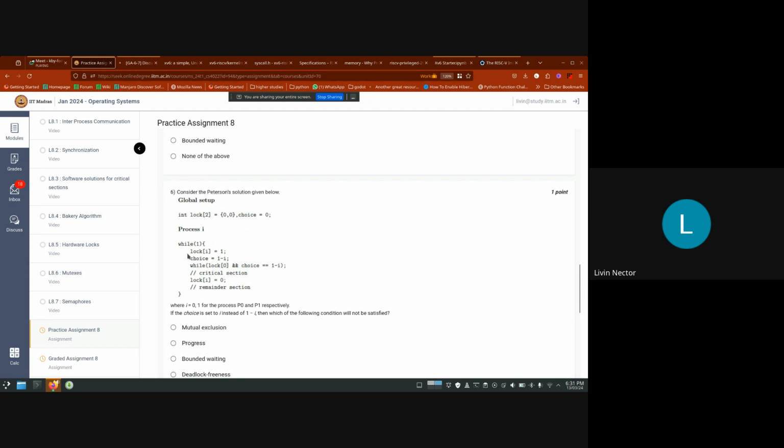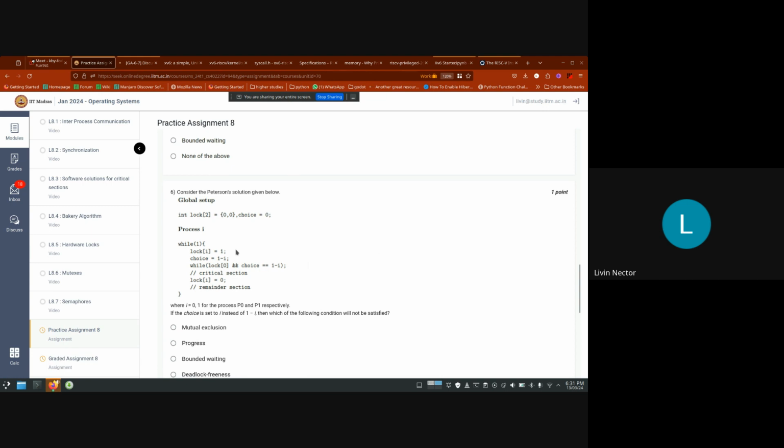So what happens is, there is this lock, right? Whenever process i wants to enter, it sets the lock to 1. So it says process i wants to enter. Here there is also one more variable, choice. Actually this Peterson solution solves the deadlock problem that we saw before. If both processes want to enter, this choice will be either 0 or 1.